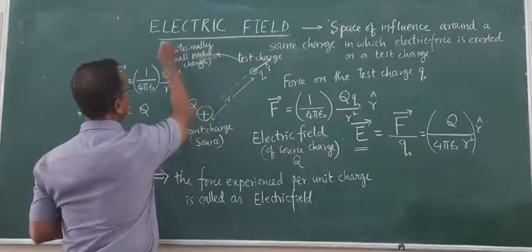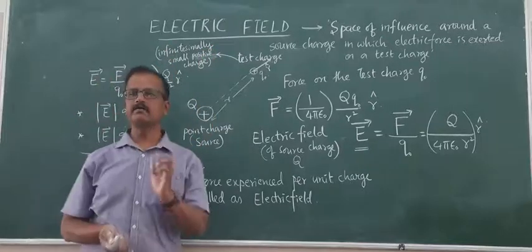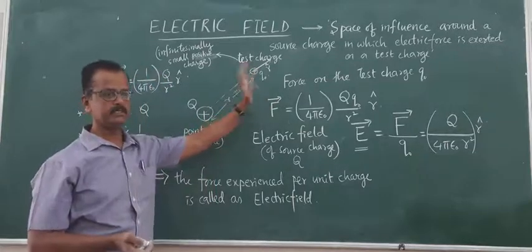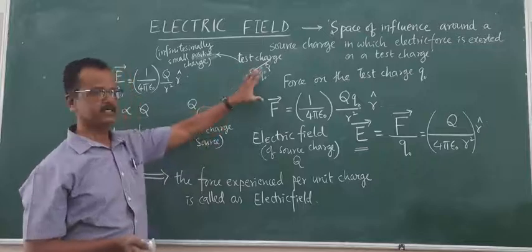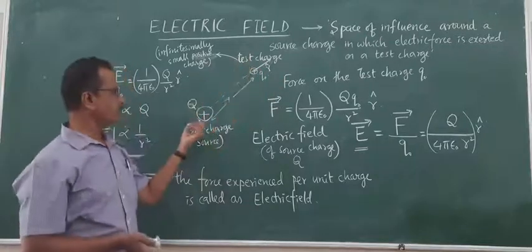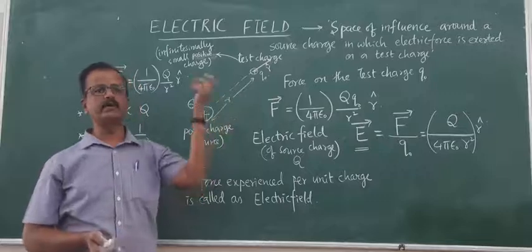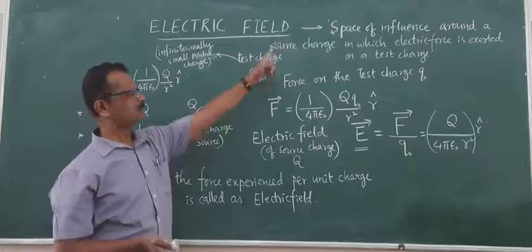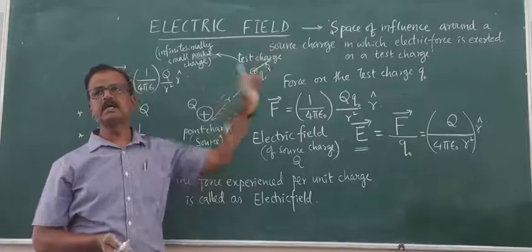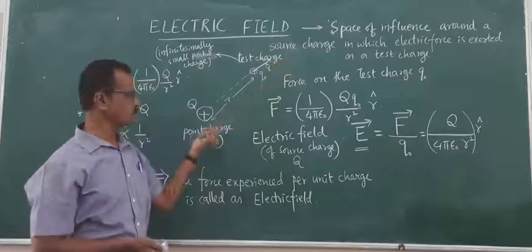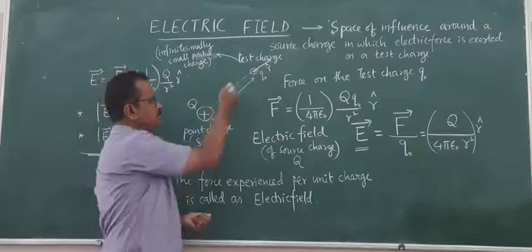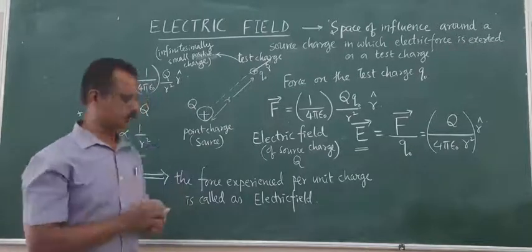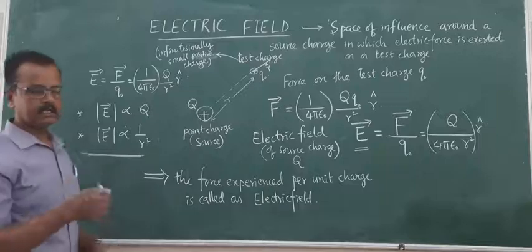It is conventionally taken to be an infinitesimally small amount of positive charge, always positive, so that this test charge can be used for a source positive charge as well as a source negative charge. For a source positive charge, the electric field is radially away from the source. For a source negative charge, the electric field is towards the negative charge, radially reverse. These things we will study in detail in the next period.